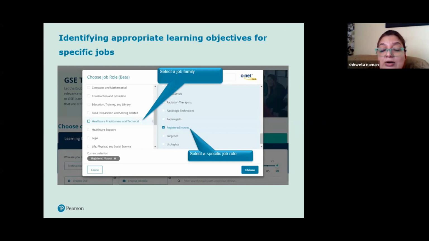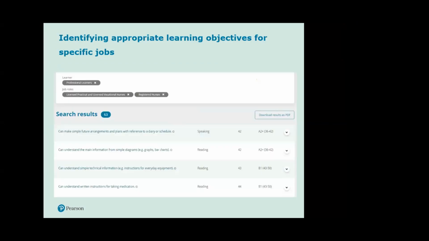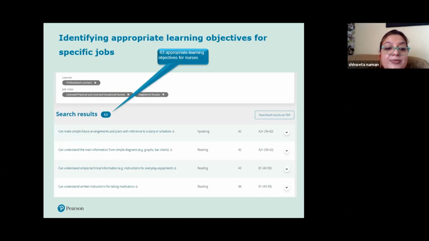So how vast and how extensive is the Global Scale of English? You can see the learning objectives defined for the professional learners, where the job role is licensed practical and licensed vocational nurses.